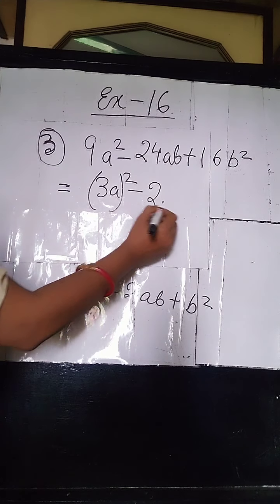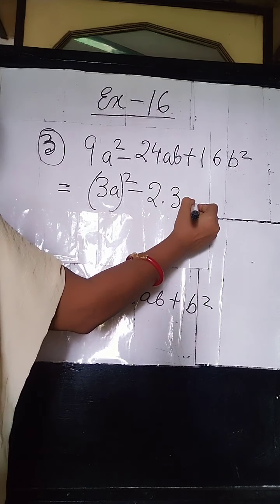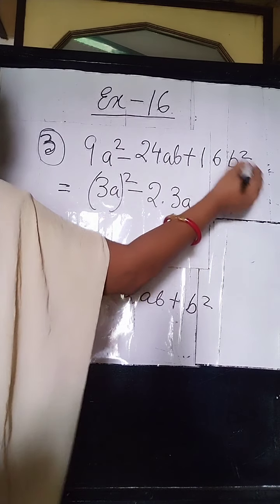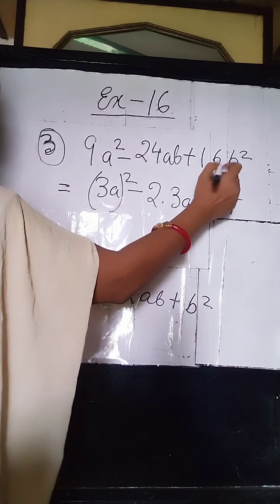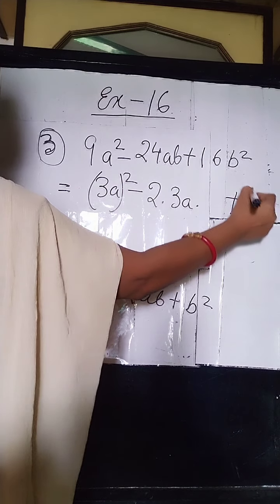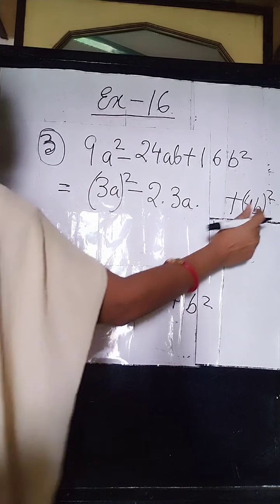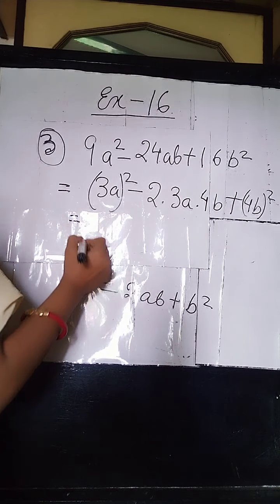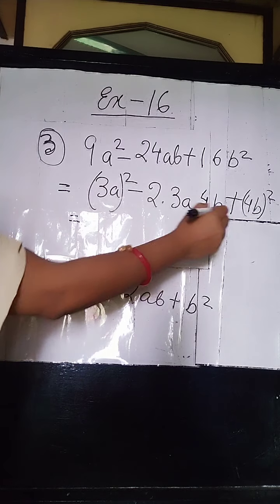So 2 into a means 3a, and here b means 16b square is the second term, that is b. And here 16b square is 4b whole square. So here also we will write 4b. So ultimately this is the formula of a minus b whole square.